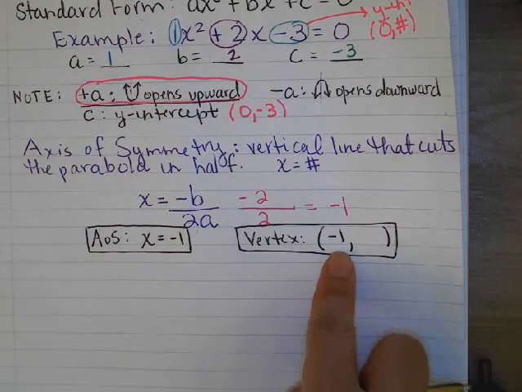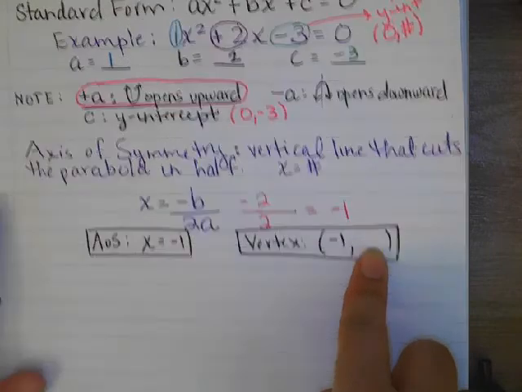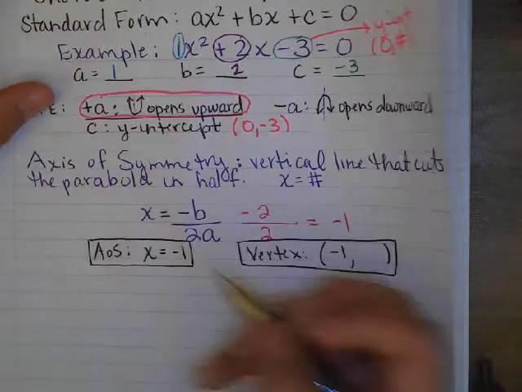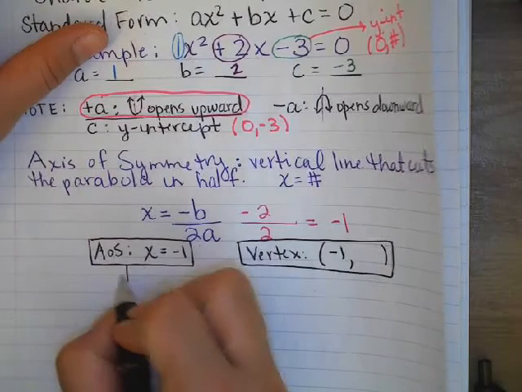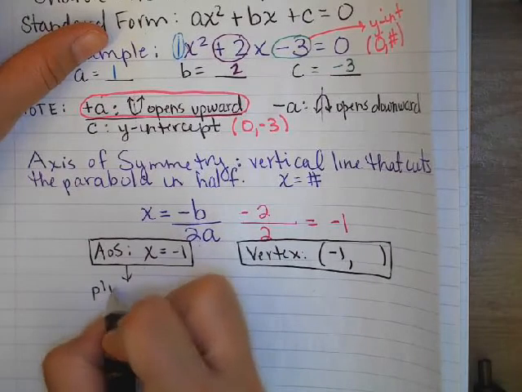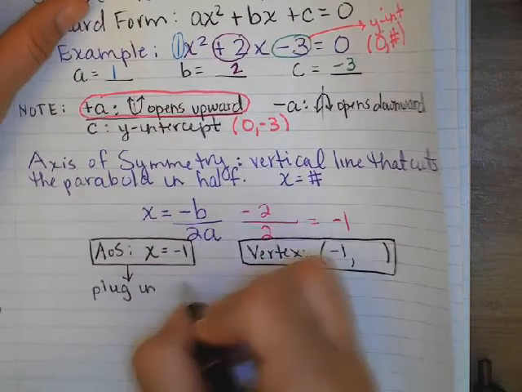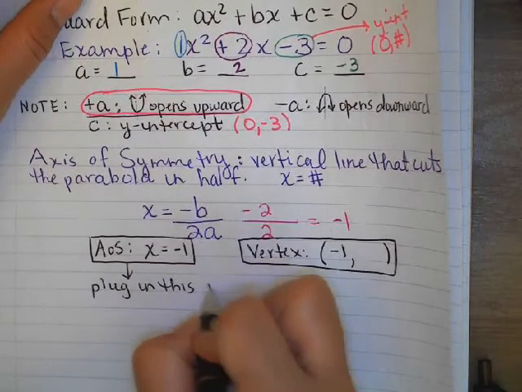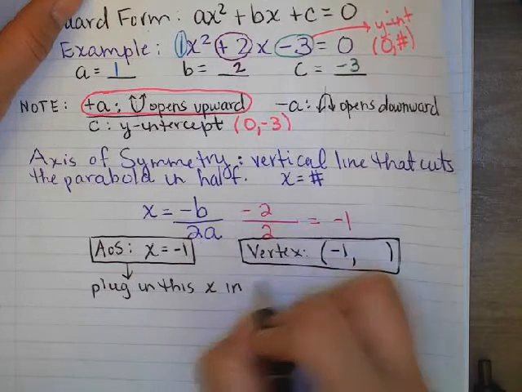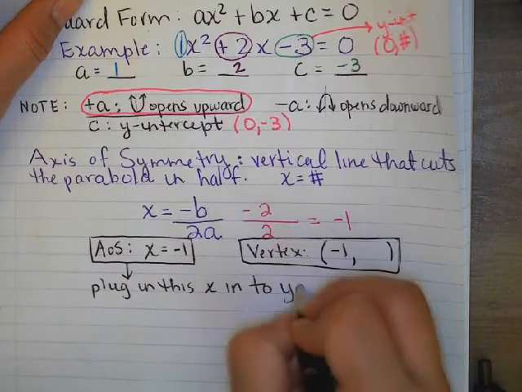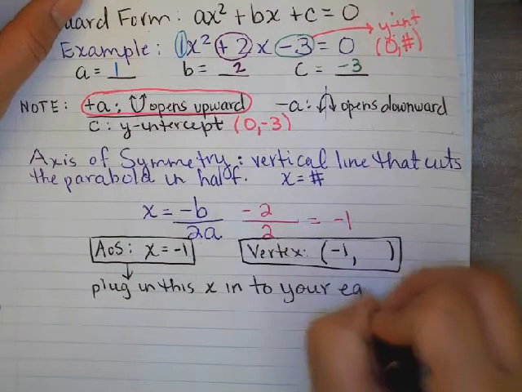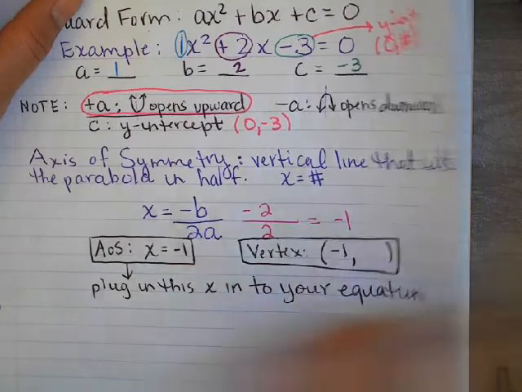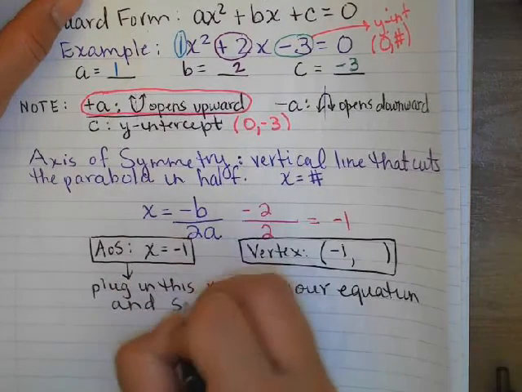You got half of it already. So then how do I find the other number so I can complete my vertex? Okay. Well, you plug it in. Plug this x into your equation and solve.